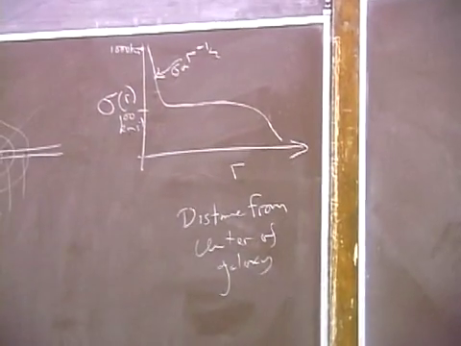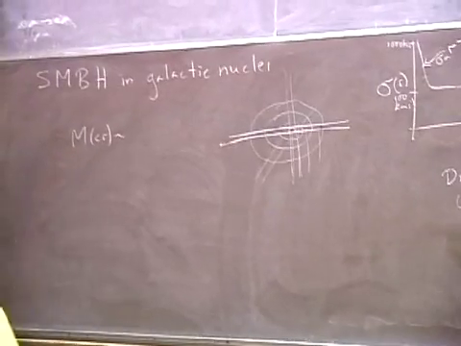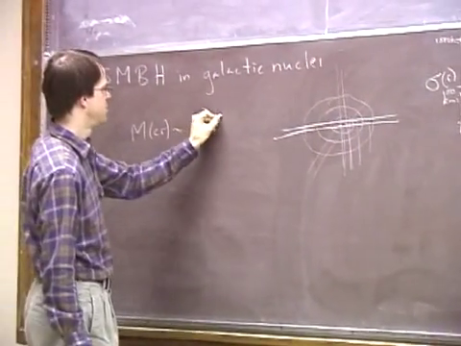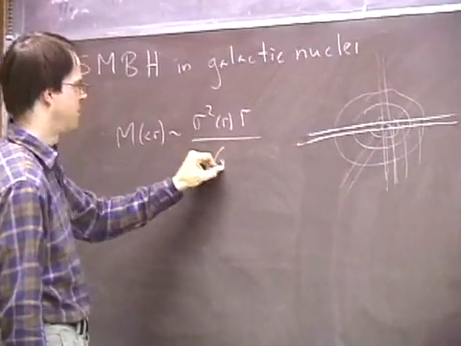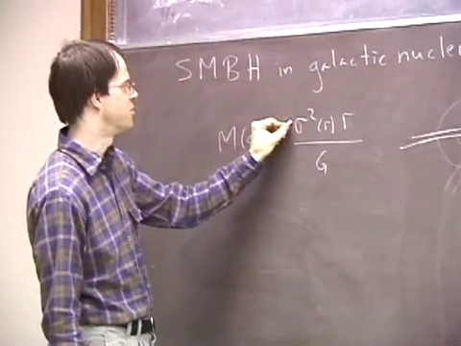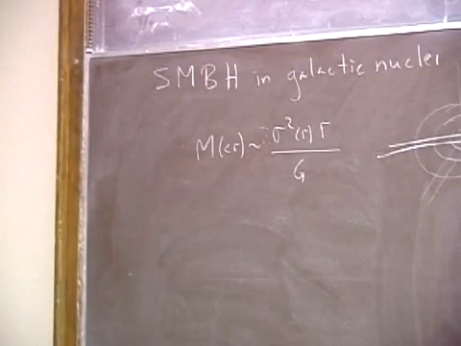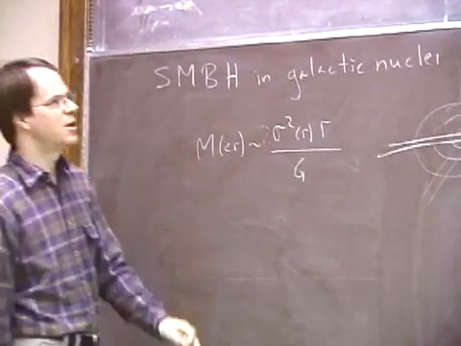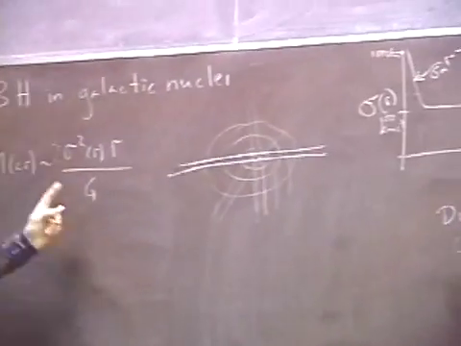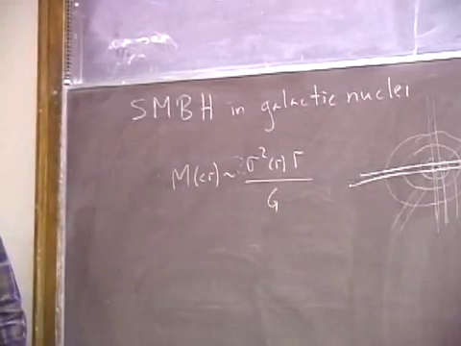And if you remember, the mass enclosed in some radius is approximately sigma squared r divided by G, with a factor of 2 in there if you were being picky, for isotropic velocity dispersions. Then you see sigma going like r to the minus a half. That means the mass interior to that radius is approximately constant.